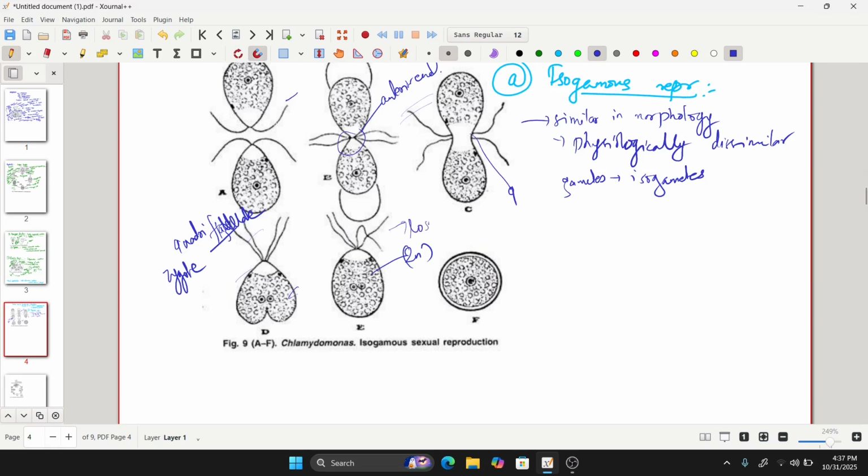Eventually it loses the flagella, then it is covered by a thick wall, leading to the formation of the zygospore. Germination leads to the formation of a new thallus.